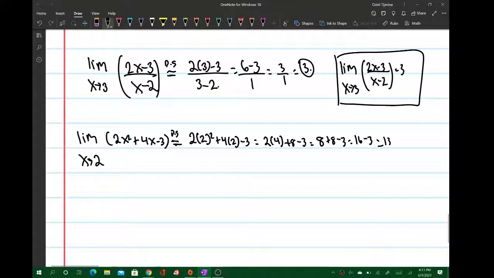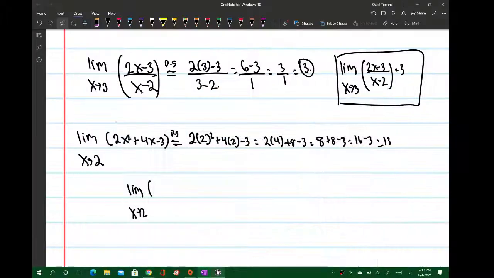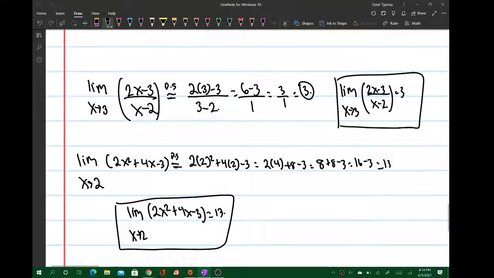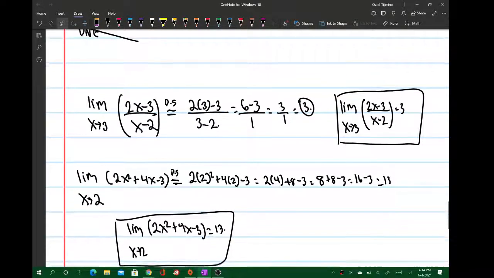And also here, the limit as x approaches 2 of 2x squared plus 4x minus 3 equals 13. So that's pretty easy. All we have to do is just plug in the x value.